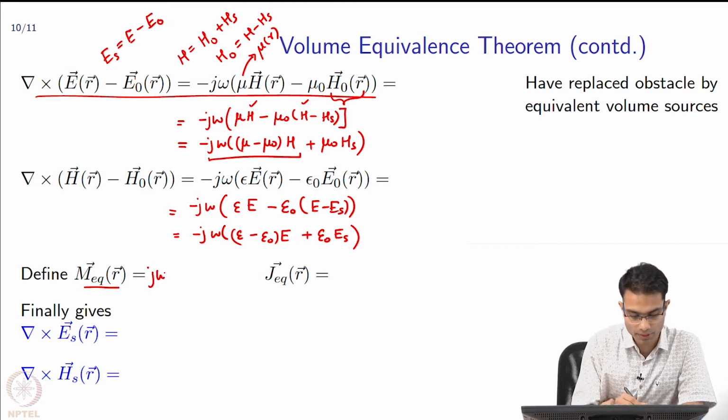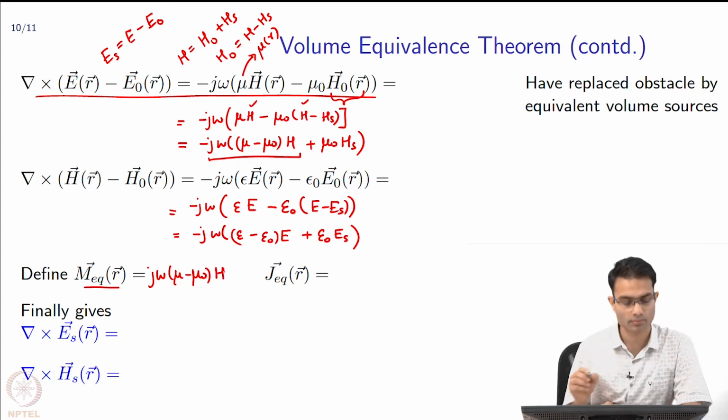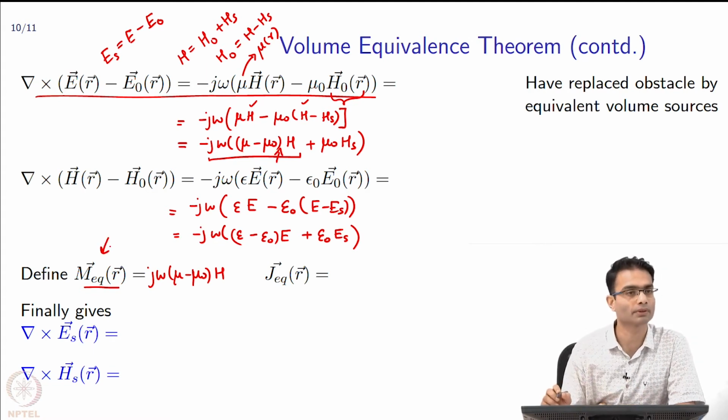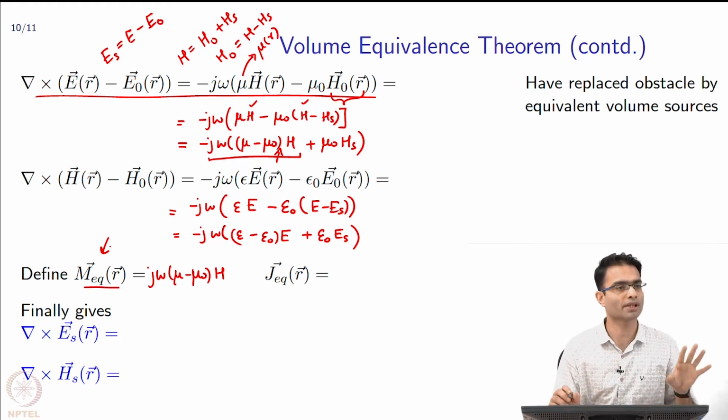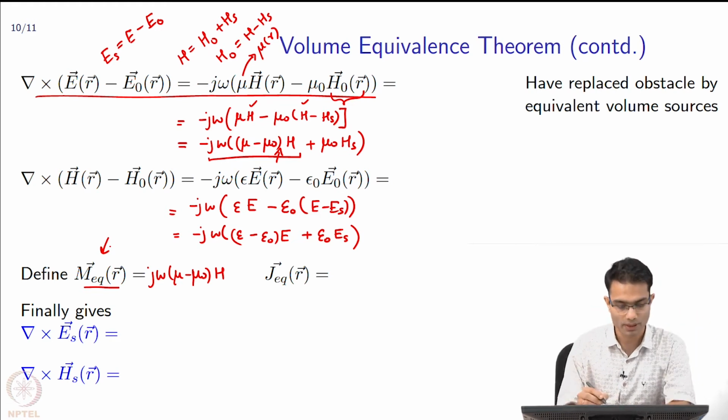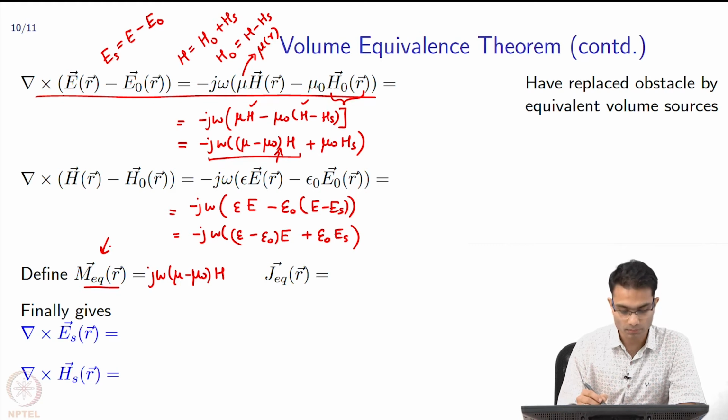Simply j omega mu minus mu naught times H. Okay. So, this term over here I have put into M equivalent. Okay. I have not solved any problem, I am just rewriting these terms. Similarly, the J equivalent term over here will be written as, so this term over here.